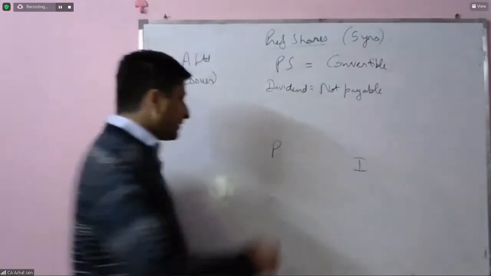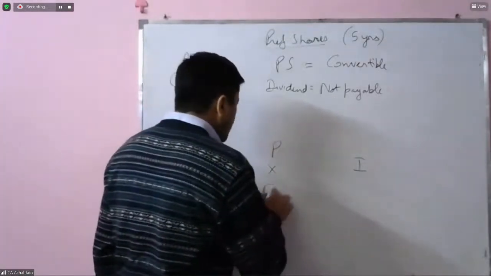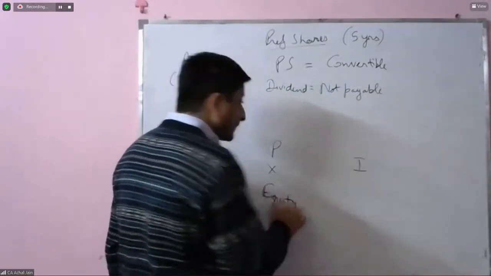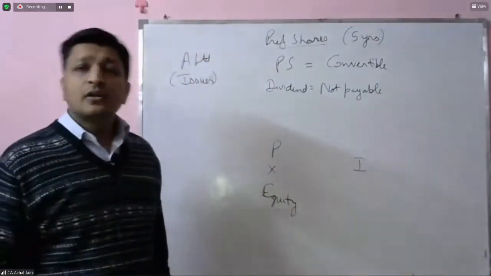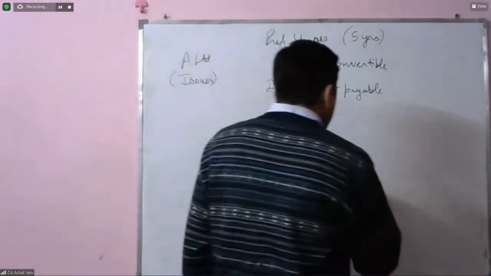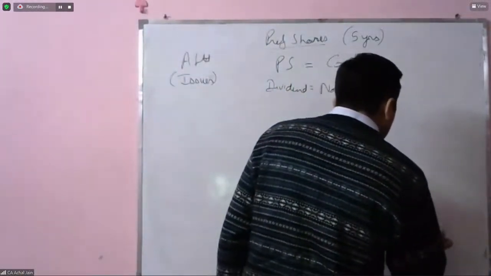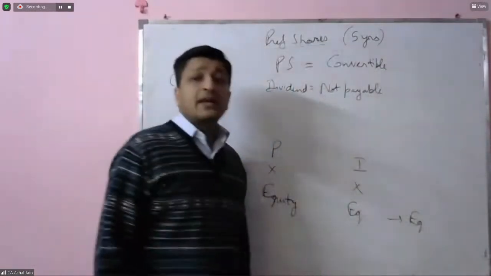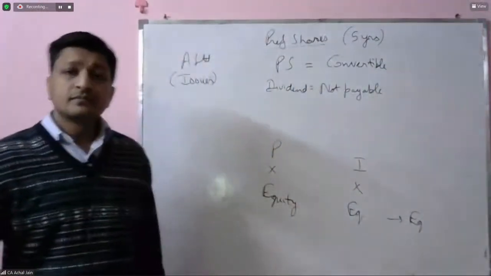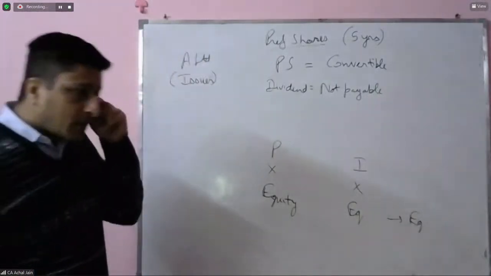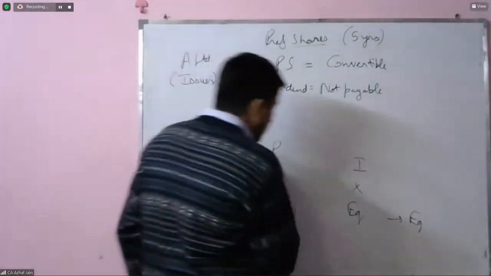Principal will not be paid, so this principal component will become equity, and this interest is also not payable, so this component will also become equity. So all in all, this instrument will therefore become equity. Correct? Okay.